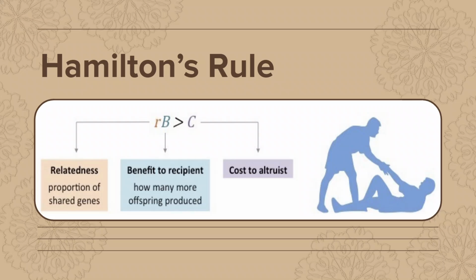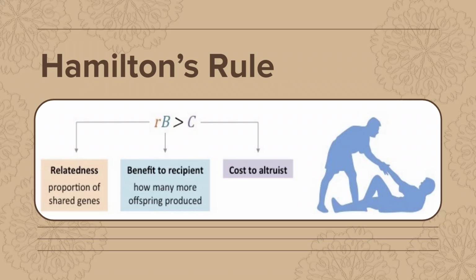All this means is that you take the proportion of shared genes, that's the part I'll go into later, and multiply that by the benefit to the recipient, so how many more offspring are produced. And then you have to see if that's greater than the cost to the altruist. Essentially, the cost is the risk multiplied by the amount of offspring they would have produced. So it's basically a counterbalance to the benefit to the recipient.